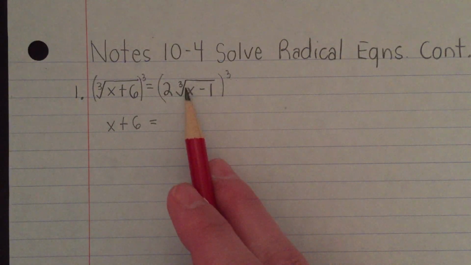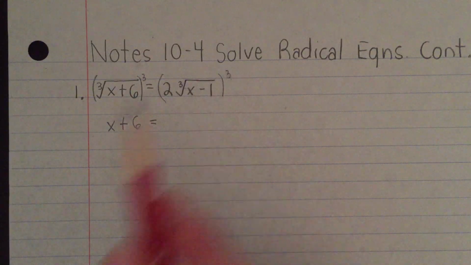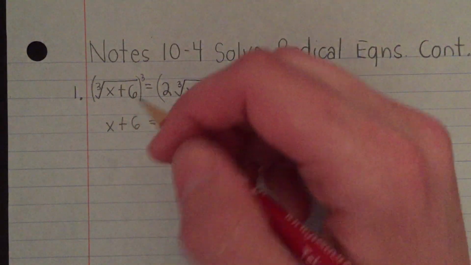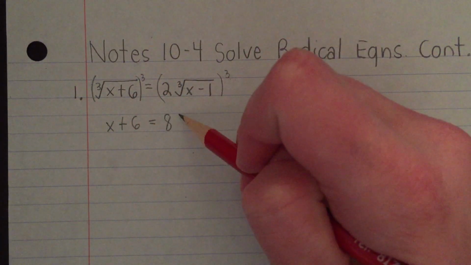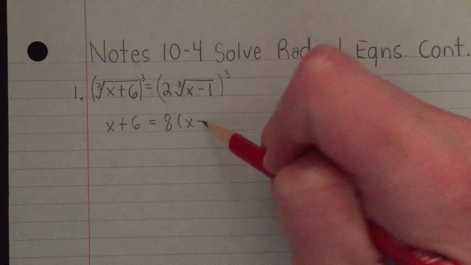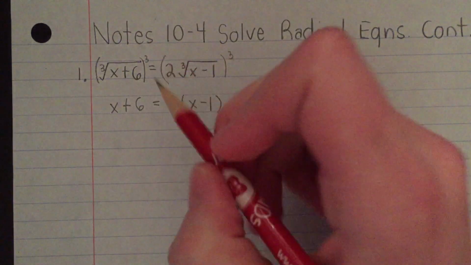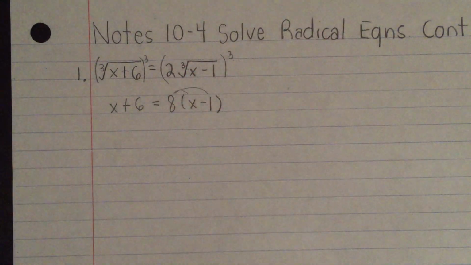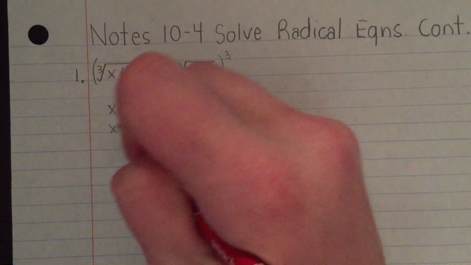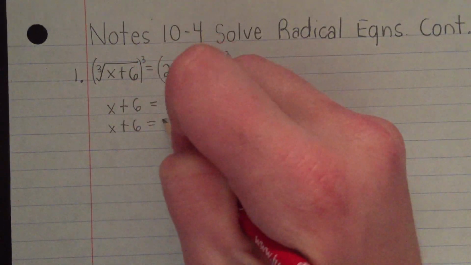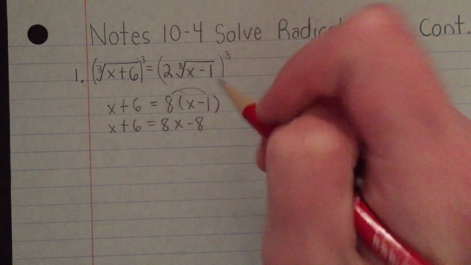So the cube and the cube root cancel here, but I do need to do 2 to the third power. 2 to the third power is 8, so this would be 8. And then x minus 1, and you have to be careful because that 8 needs to be distributed inside. So you would have x plus 6 equals 8x minus 8.